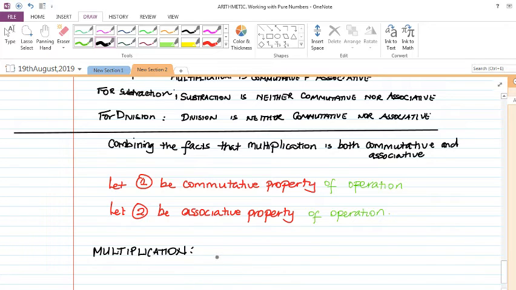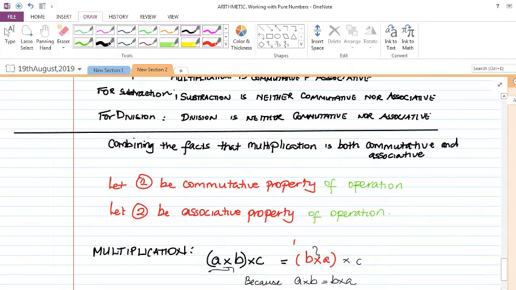I am saying A times B times C has to be equal to B times A times C, and the reason for that is because A times B had to be equal to B times A. So I could always take this and write this as B times A, and that would be correct. Okay?